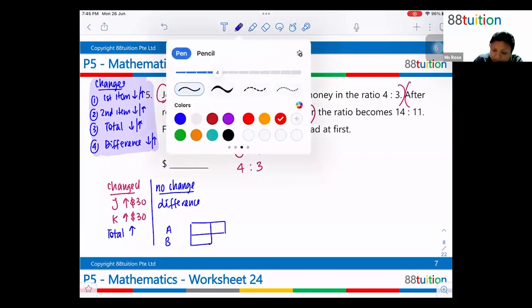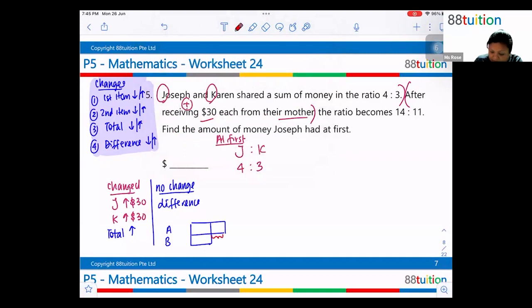Okay, so the difference is here. For example, then both of them add on, let's say $10. Same amount that they receive, right? So what remains unchanged? Say together, the difference. Thank you.